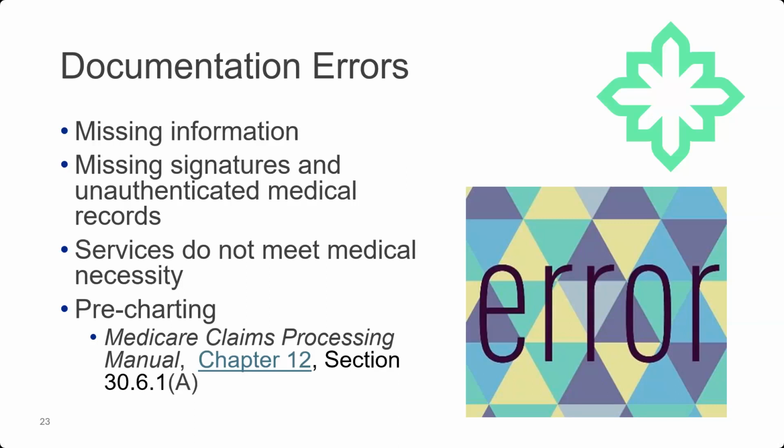The last common documentation error is pre-charting, or documenting the medical record prior to the patient's encounter with the healthcare provider. As a reminder, according to the Medicare Claims Processing Manual, Chapter 12, Section 30.6.1a, the service should be documented during or as soon as practicable after it is provided in order to maintain an accurate medical record. This aligns with the issue of timeliness.